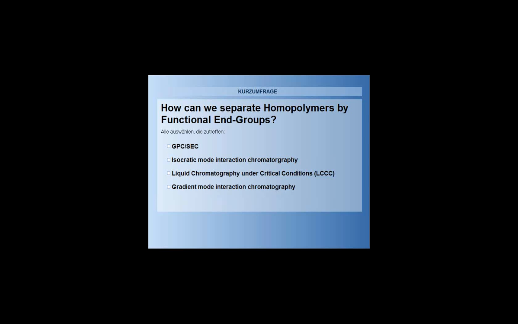Thank you, Wolfgang. So what we do in here is actually we will have you answer the question that Wolfgang just proposed. How can we separate homopolymers by functional end groups? Your choices are GPC-SEC, isocratic mode interaction chromatography, liquid chromatography under critical conditions, and gradient mode interaction chromatography.